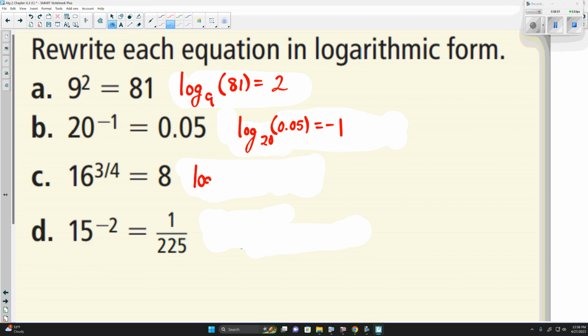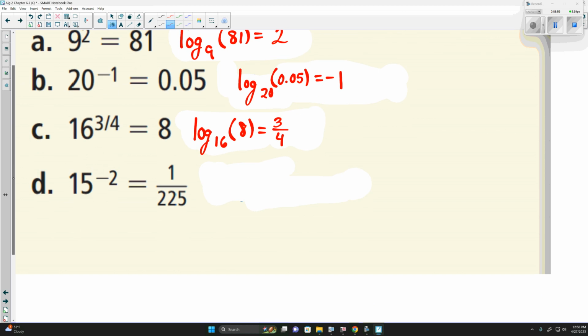So log base 16 of 8 is 3/4, and the last one would be log base 15 of 5.